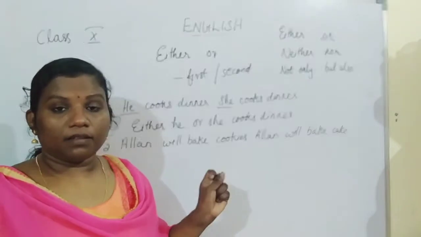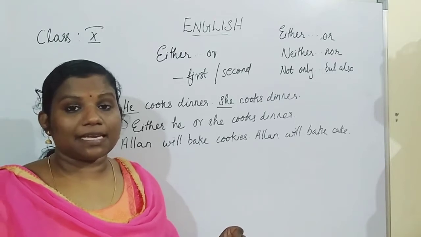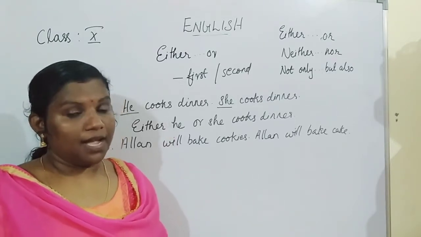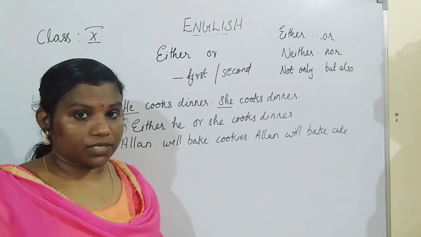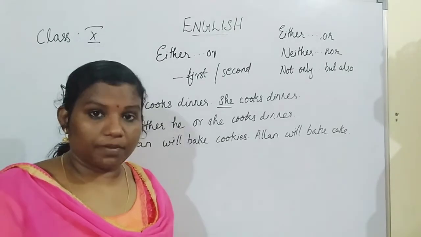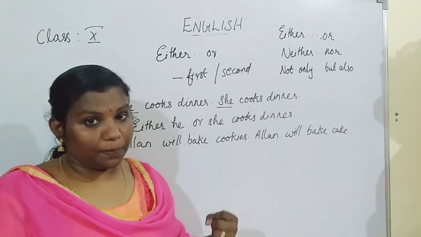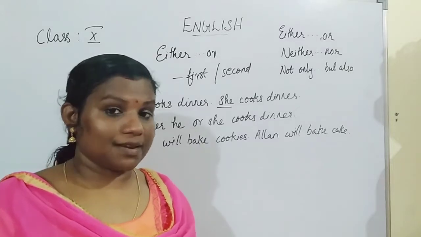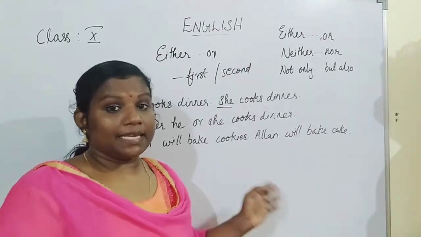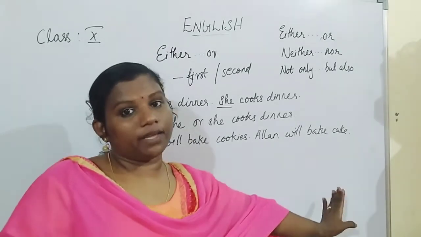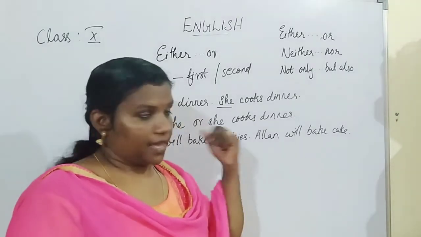Here, the person who is doing the action is the same, that's Alan. The verb of this sentence is also the same, will bake. But the product, what Alan bakes here, is different. He will bake cookies or he will bake cake.